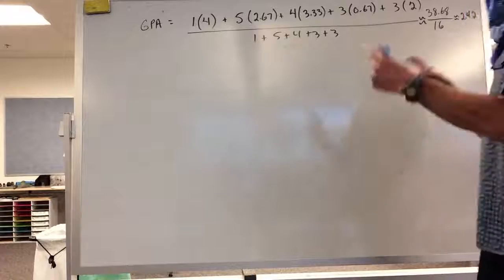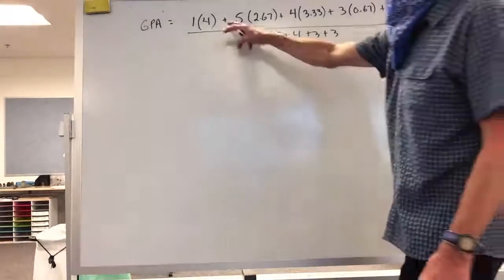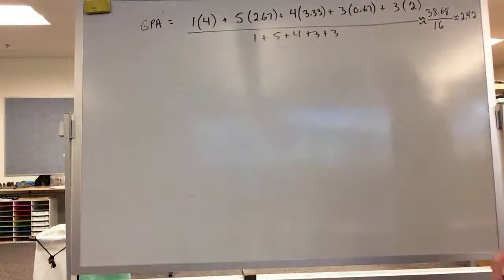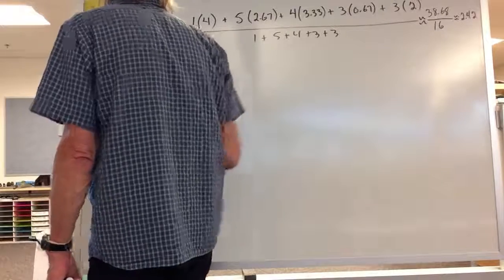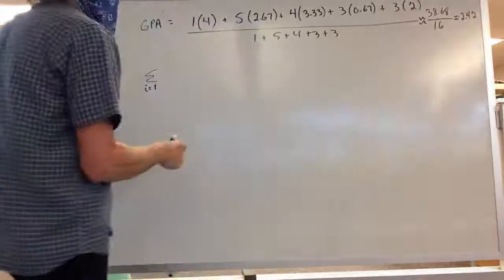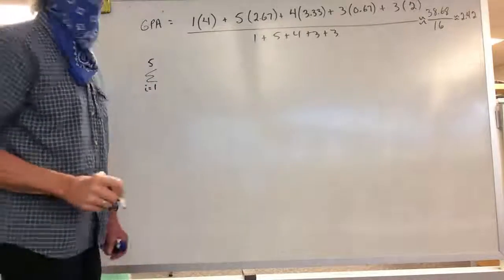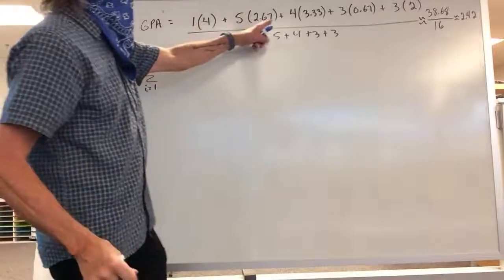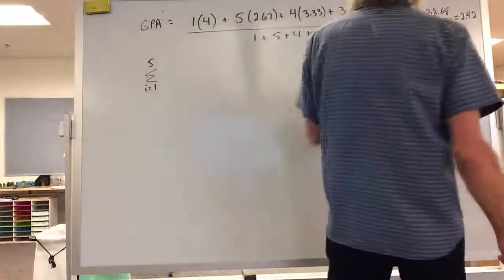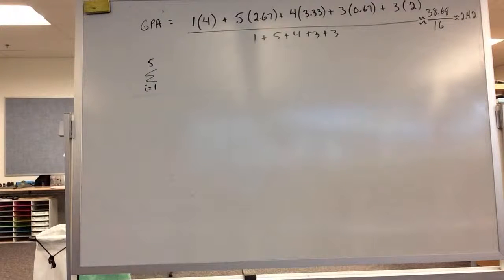So let's see if we can come up with a notation for this. So we added all these things here, so we can say some kind of a sigma. And we started with the first, and we ended with the 5th, and we added up her grades all the way across. Let's see what the notation is that they used.